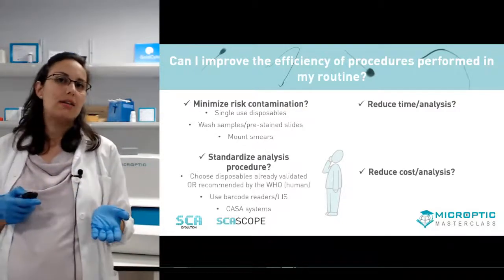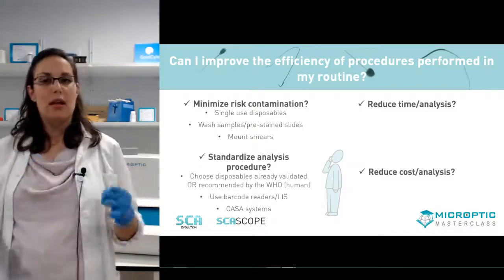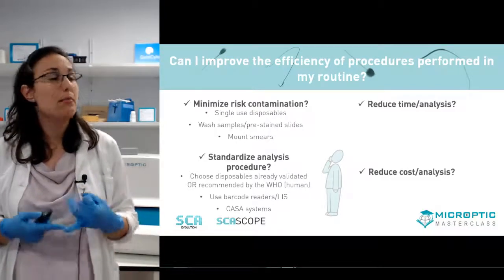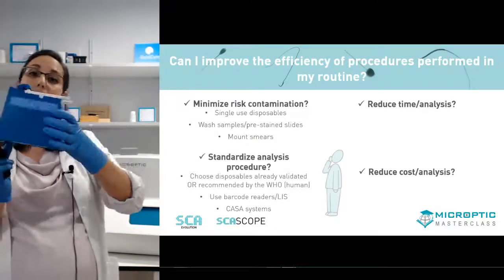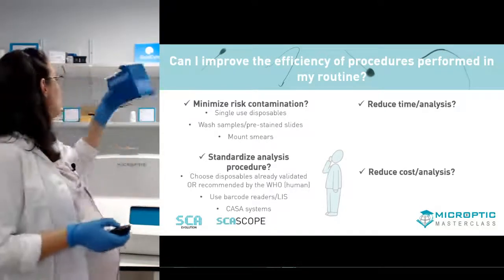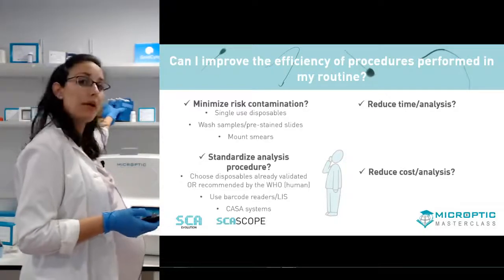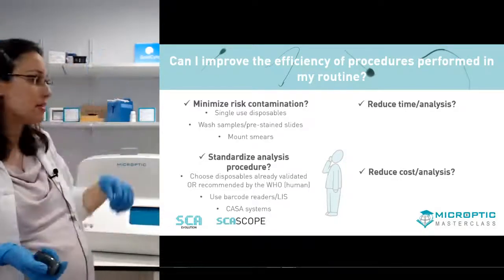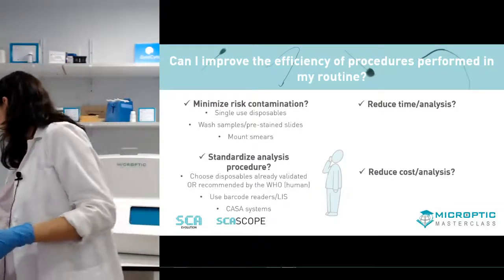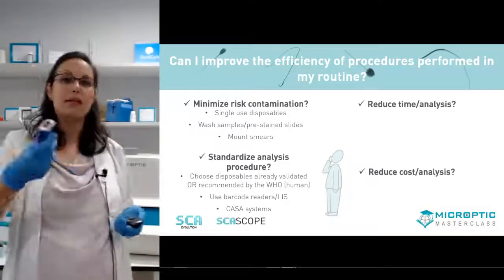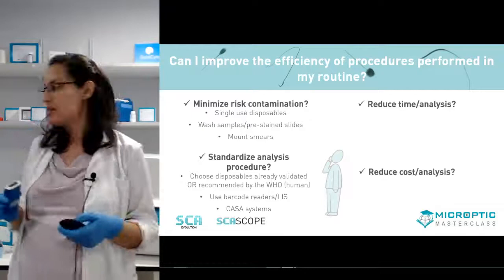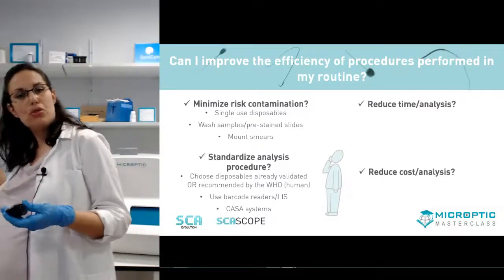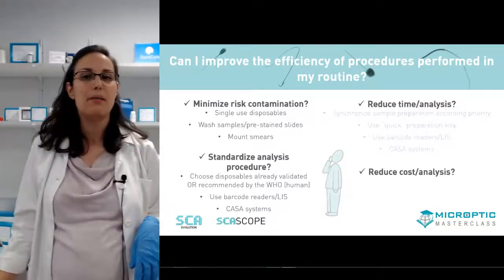For standardizing, you can obviously introduce a CASA system, but also you can use this type of disposable that will help to standardize your sample preparation for morphology, for instance. Also, you can use some barcodes that could help to transfer all the information for the sample, for the patient, to your laboratory informatics system.